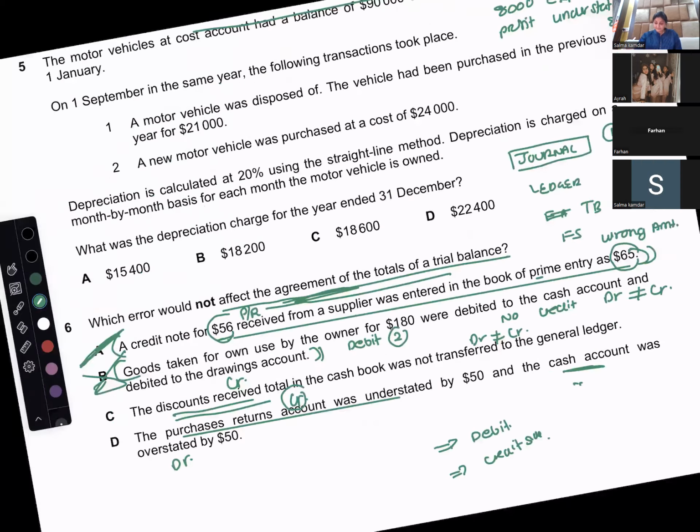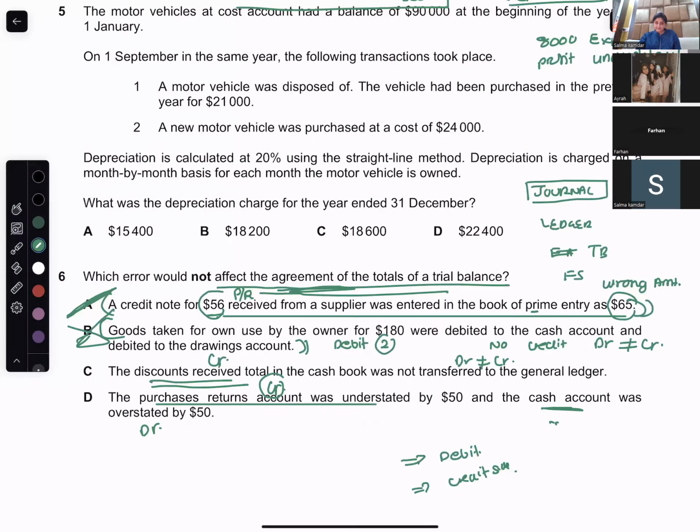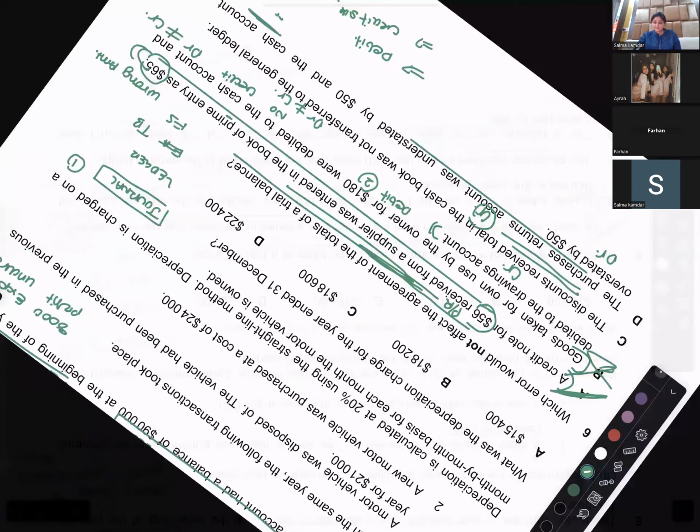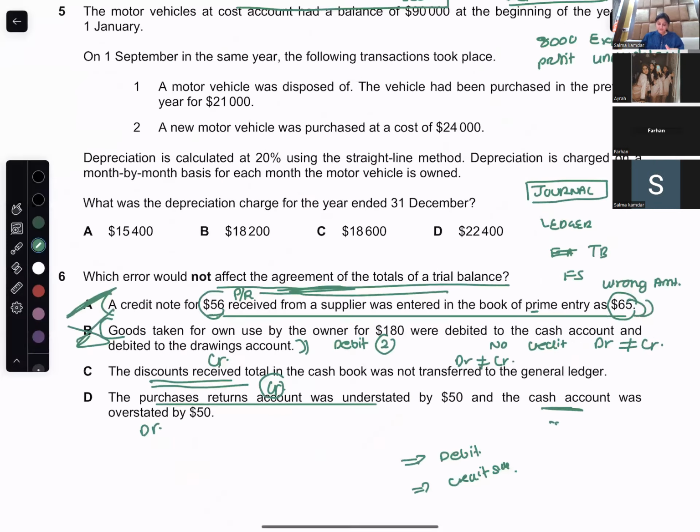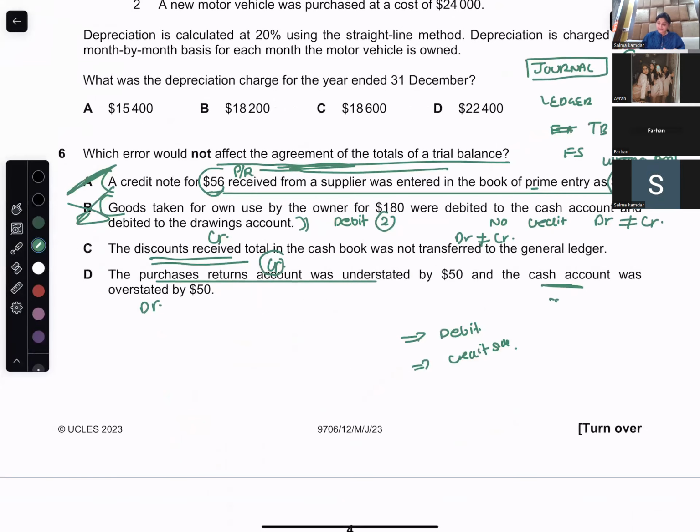So this is what error basically, understated and overstated. One account was understated, one account was overstated. So this is an error of compensation, right? So this error in total would not affect the agreement of the trial balance. Even option A is correct, even option D is correct.